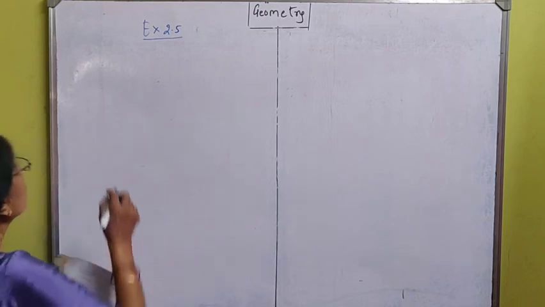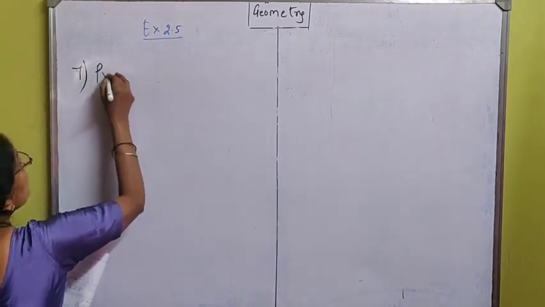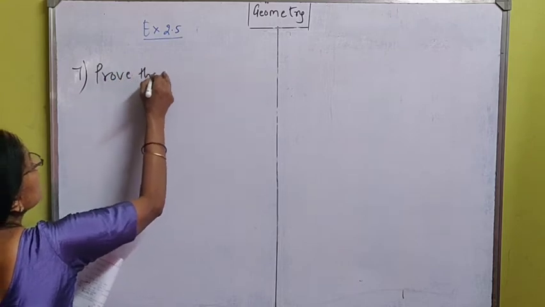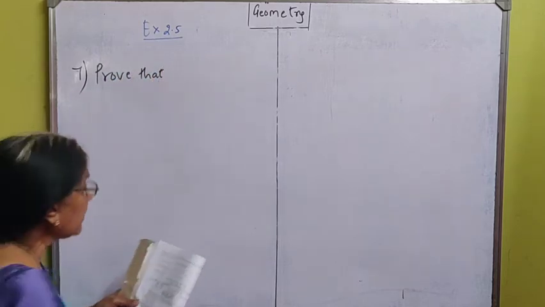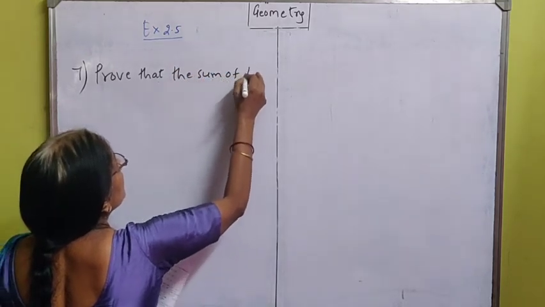Now we will go to sum number 7. What does the sum number 7 say? Let us see.